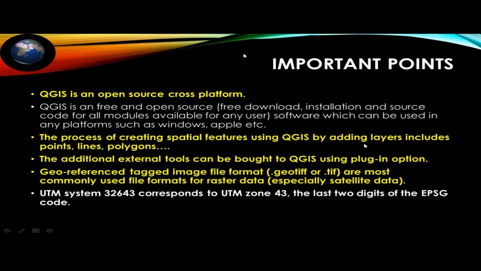Any other doubt regarding hands on, if I do these things should I explain, or anything you want to know? Actually, ma'am, I'm new in QGIS. I work on only the vector data.